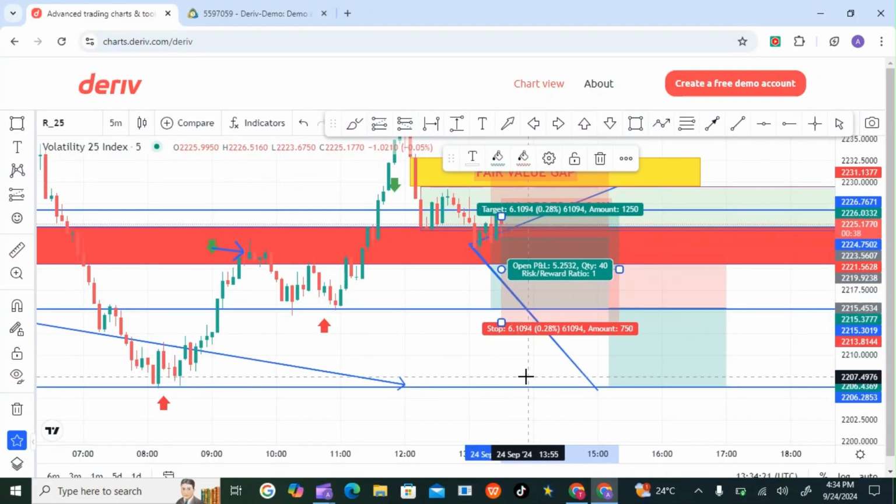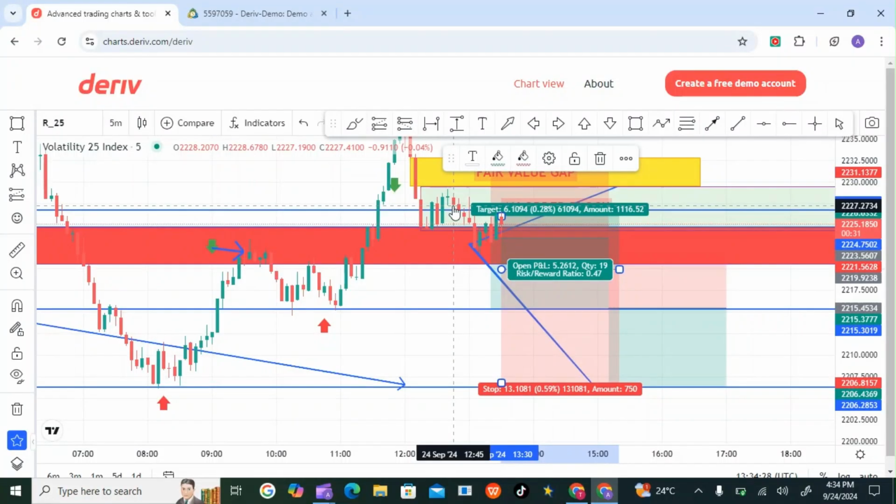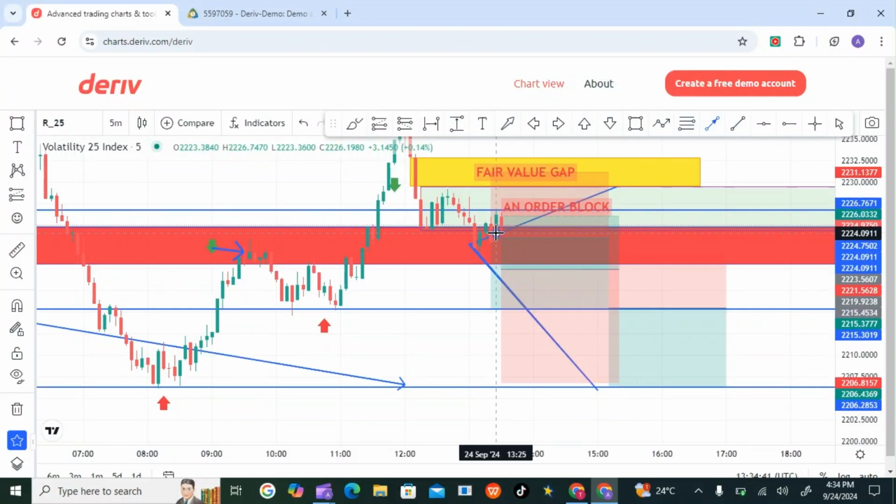I was just trying to show you how it moves, but I entered that trade because I saw that order block and fair value gap. But if it breaks in this direction, kindly know we will proceed in the down direction.